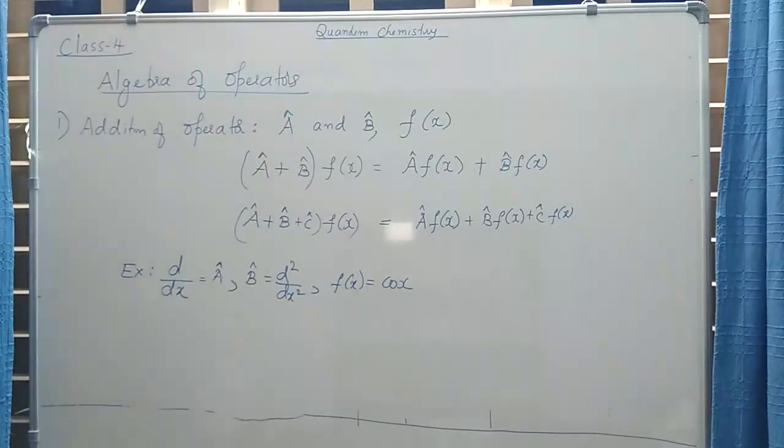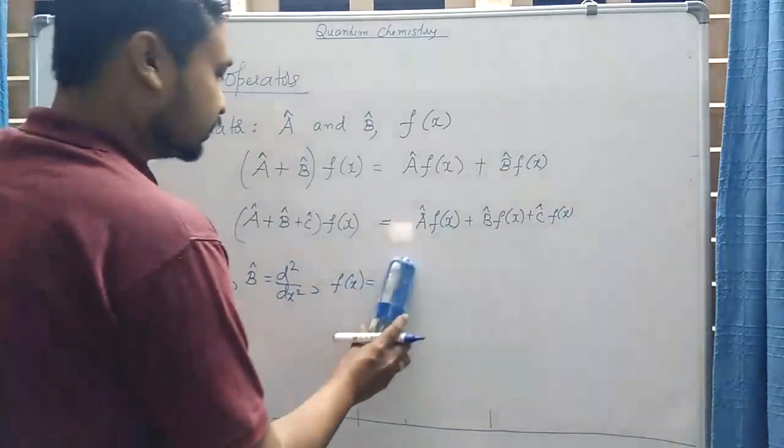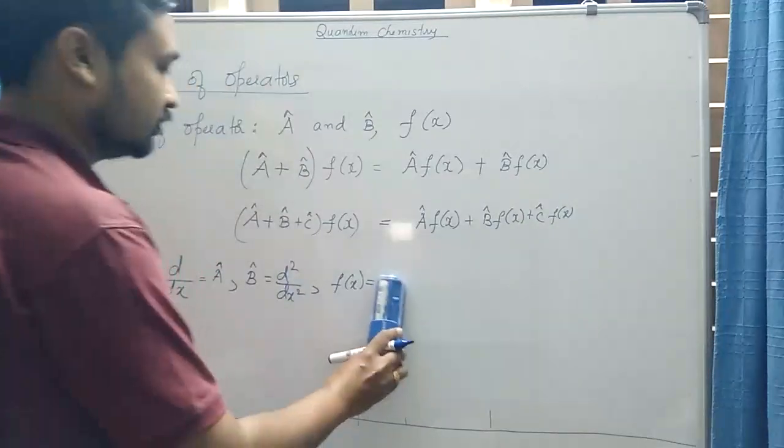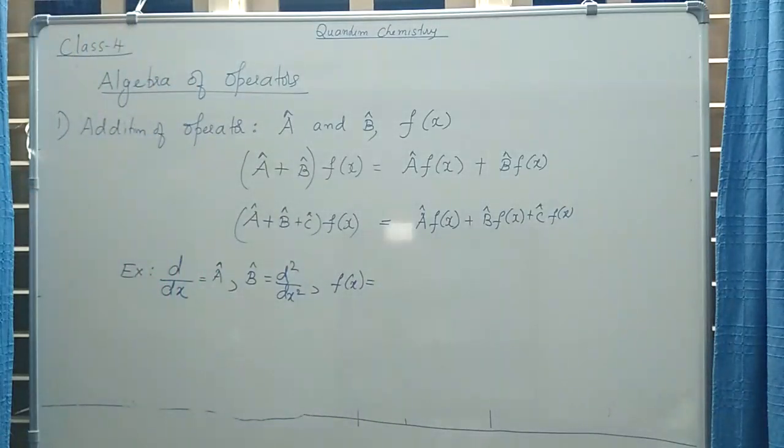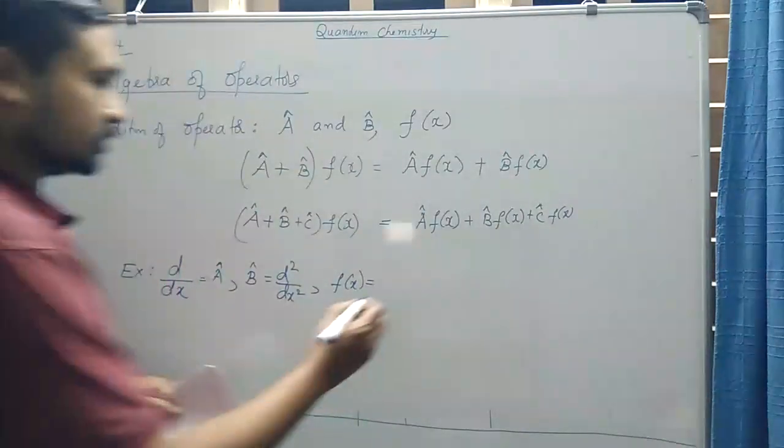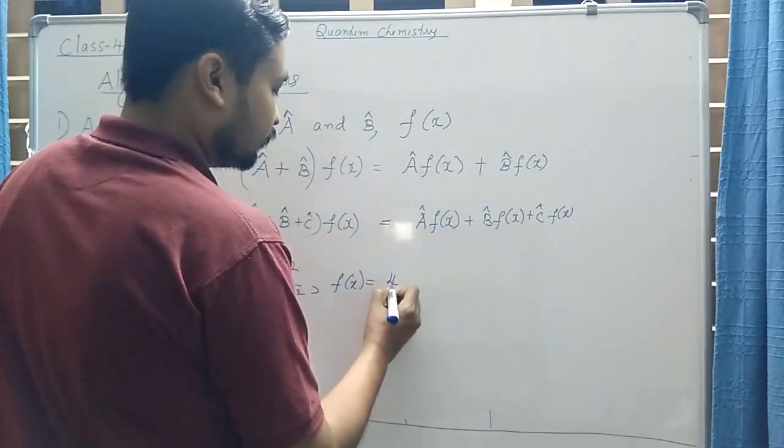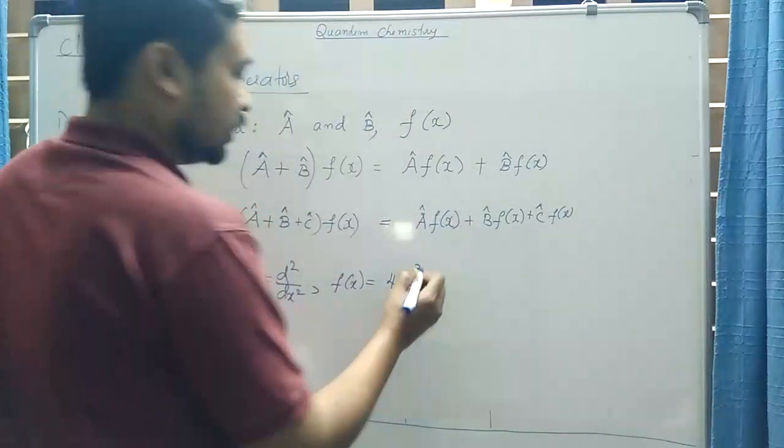Or okay, I will not take this function cos x, because when you apply both the operators and add them it will become 0. So I will take the example of 4x cube.